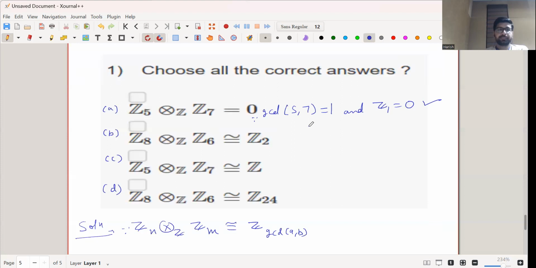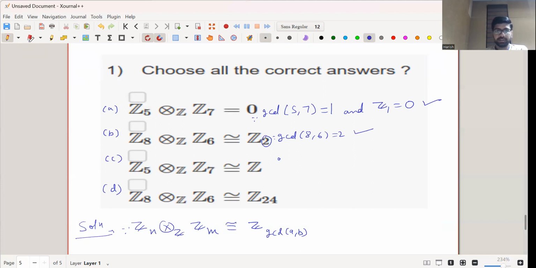And here you simply need to take the GCD of 8 and 6, which gives you 2. That option is also correct.